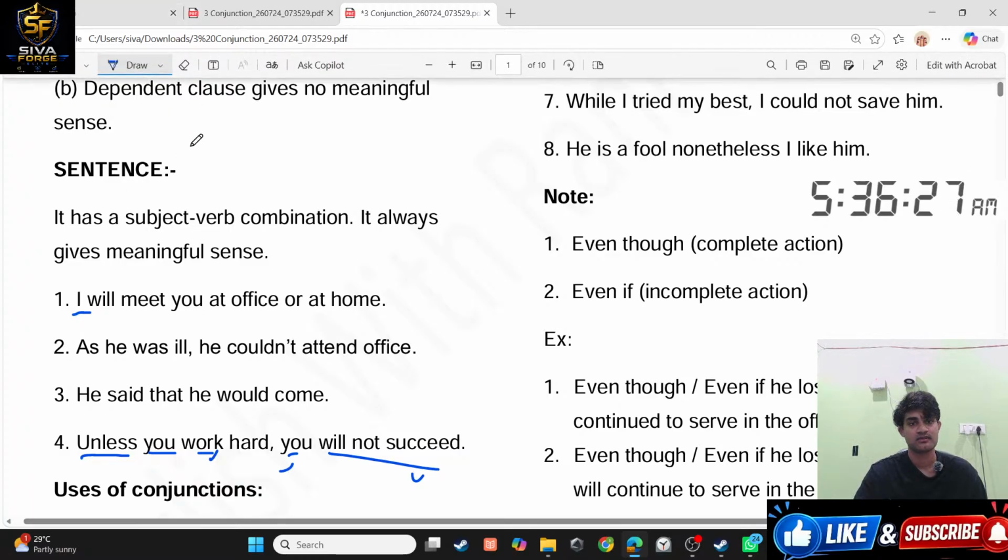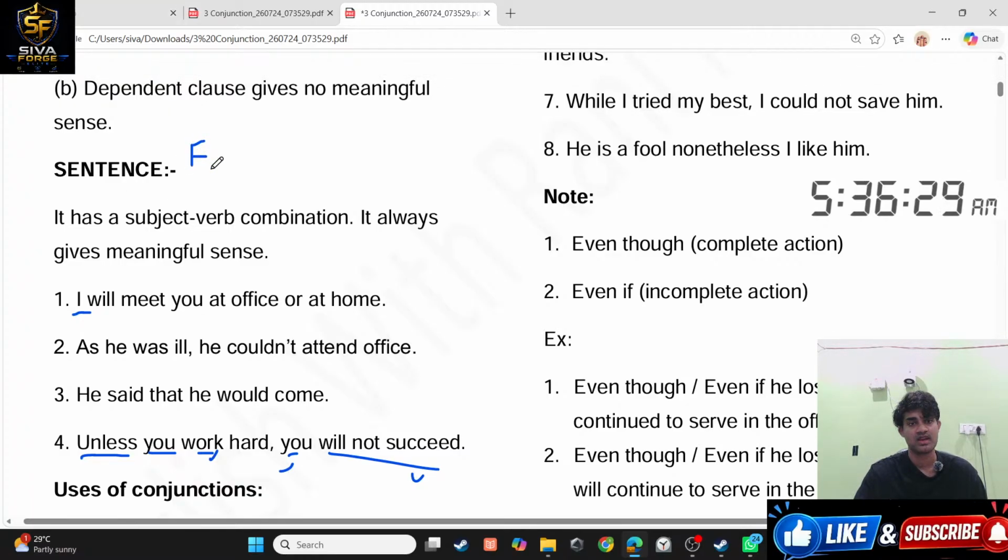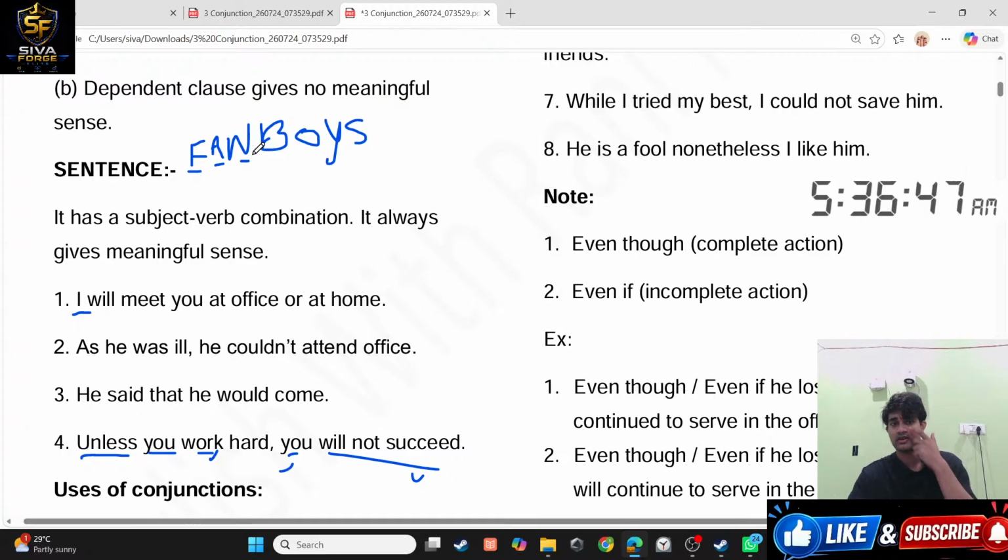Fanboys is an acronym: F for for, A for and, N for nor, B for but, O for or, Y for yet, S for so.